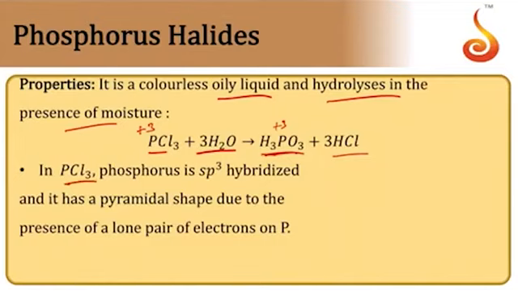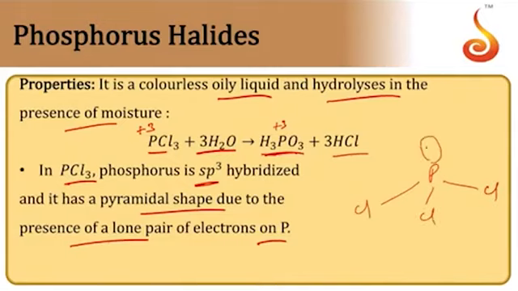In PCl3, phosphorus is sp3 hybridized. It has a pyramidal shape due to the lone pair of electrons, as we have seen in the previous slide: phosphorus having three bonds to chlorine atoms and one lone pair, so it is pyramidal and sp3 hybridized.